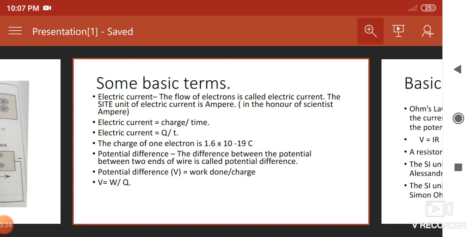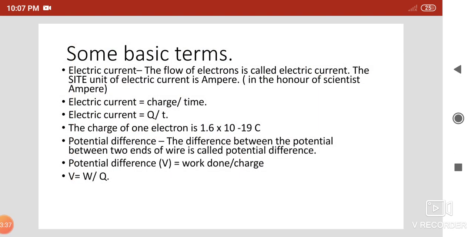So we can say the flow of electrons from one point to another is called electric current. Quantitatively, we can define electric current as charge per unit time. So electric current is equal to charge upon time, I equals Q upon T. Here Q is measured in coulomb, which is its SI unit, and time in seconds.